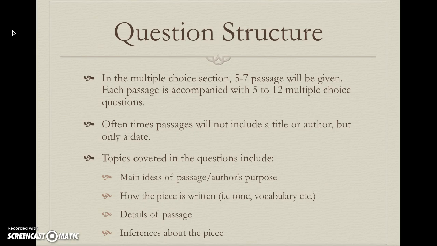Topics covered in the questions include main ideas of the passage or the author's purpose, how the piece is written, for example, its tone or its vocabulary usage. It may ask key details of the passage and ask you to make inferences about that piece.